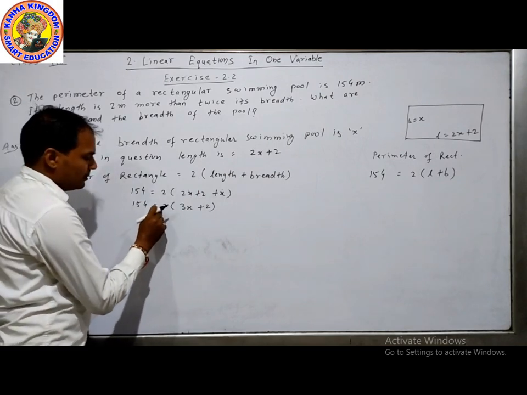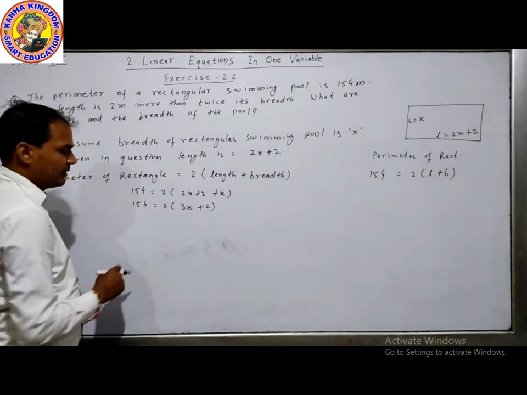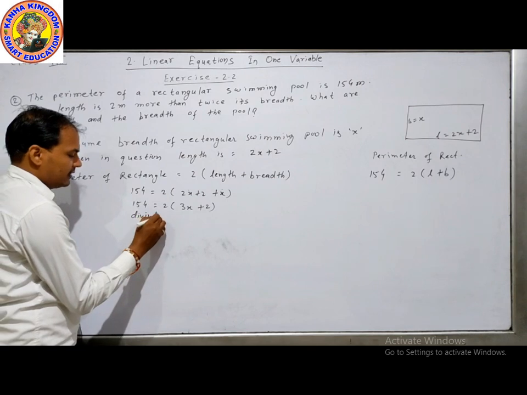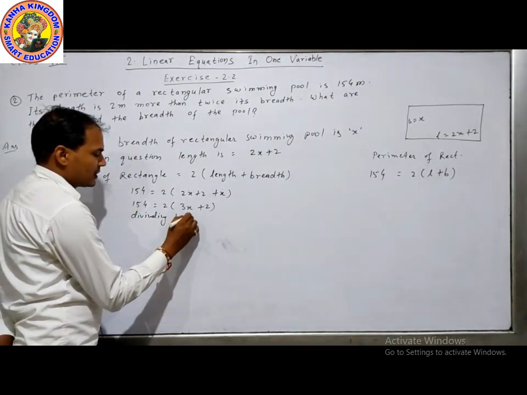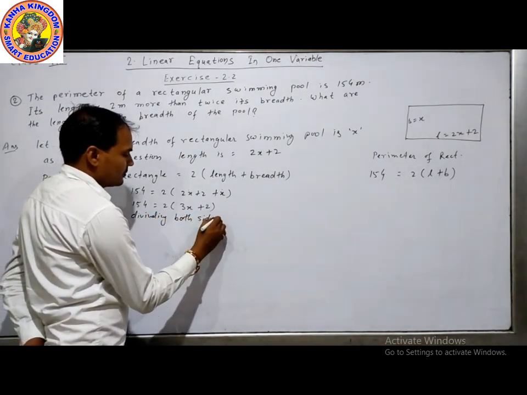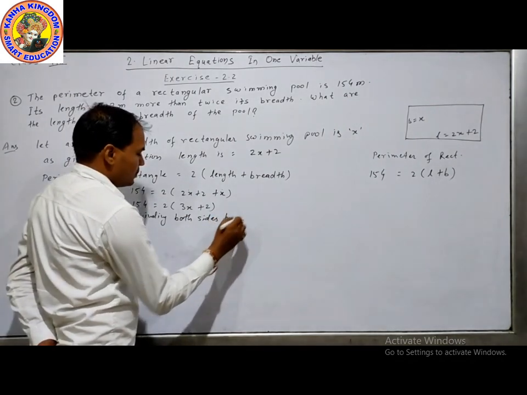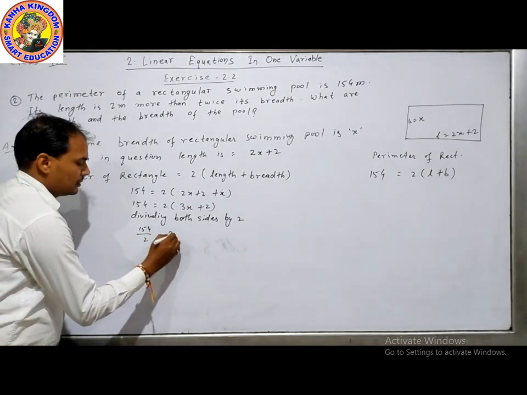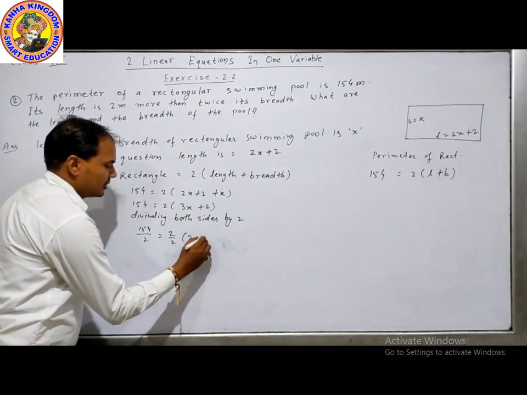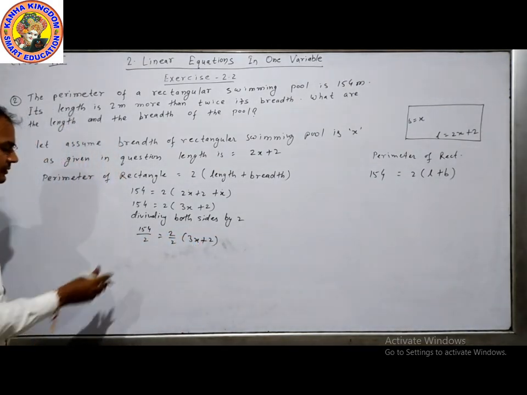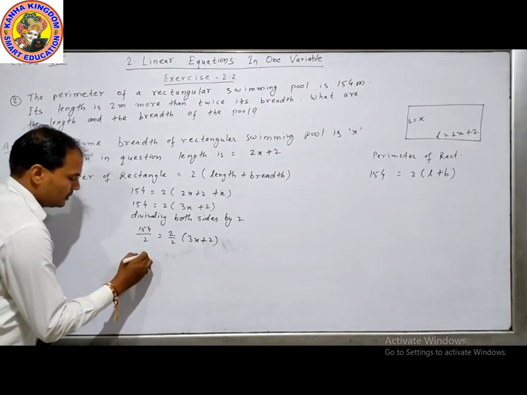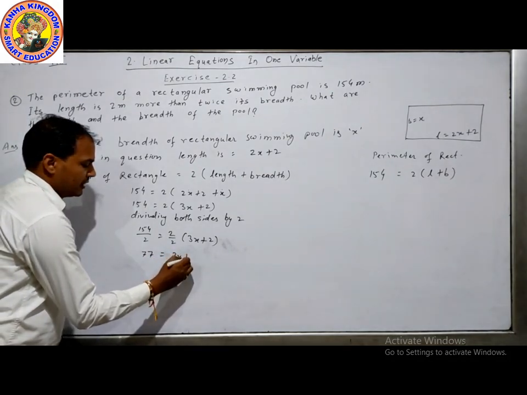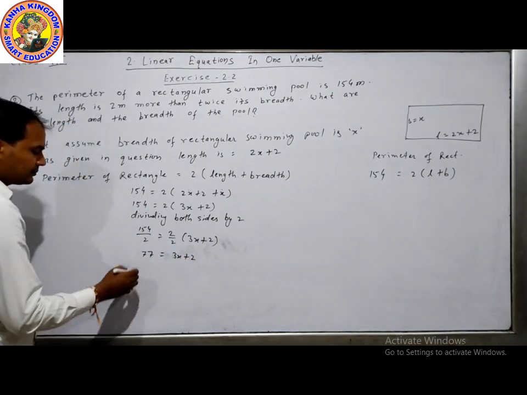For removing 2, we can divide both sides by 2, and the 2 is cancelled. 154 divided by 2 is 77, and 2 divided by 2 cancels, so 77 is equal to 3x plus 2.